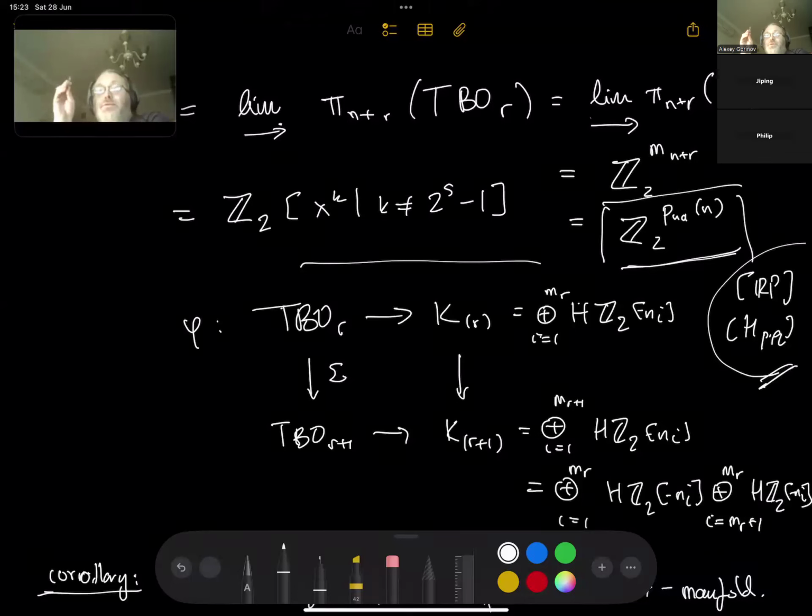And those generators can be chosen explicitly to be either the projective spaces or hypersurfaces in products of projective spaces.